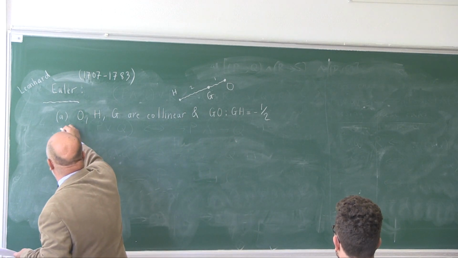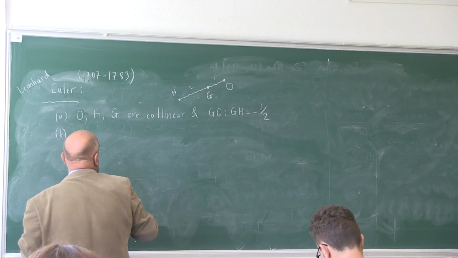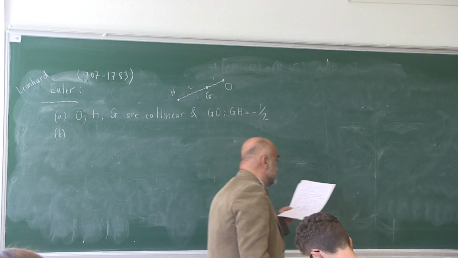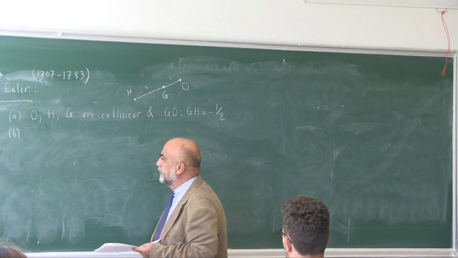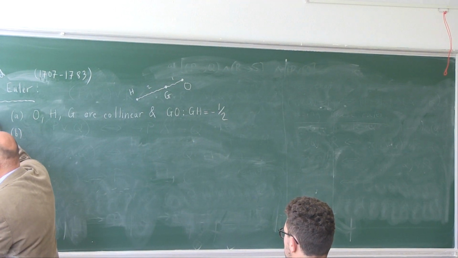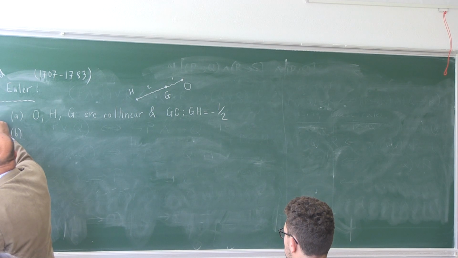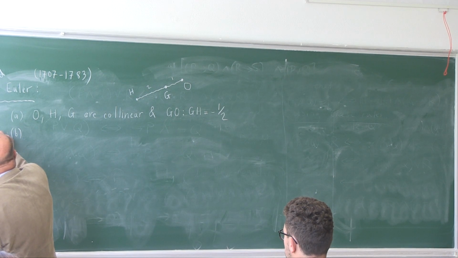Yet, this was not all. The history is a little complicated. But there is also a second part which is attributed to Euler and perhaps another person. Let me note his name. Carl, this is a name to be noted, Carl Wilhelm Feuerbach. It's not the philosopher Feuerbach, that's someone else.